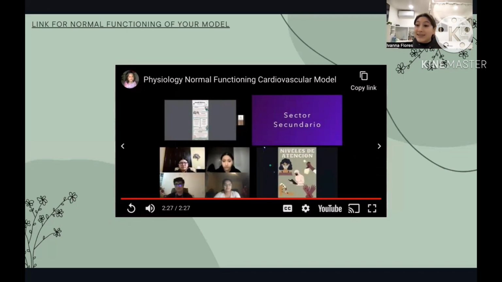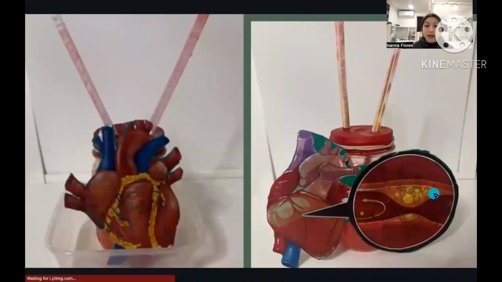So as I said, the water that's on the bottom, which is inside the jar, would be taken as the blood. So each time you pump it, blood comes out of the straws, which, as I said, would be taken as the arteries. So I'll show you an image of both of the models I did.